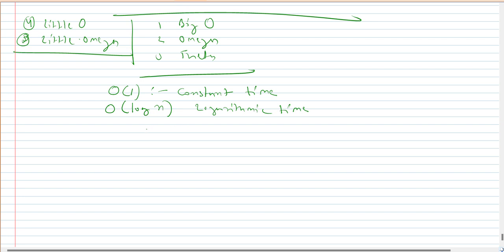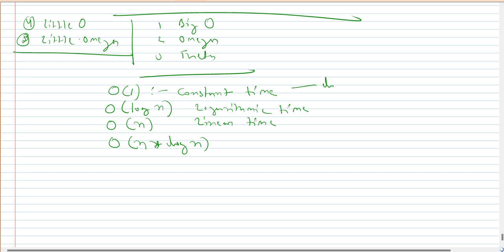This is much faster for large input. After this comes linear time. After linear time, we have big O(n log n).